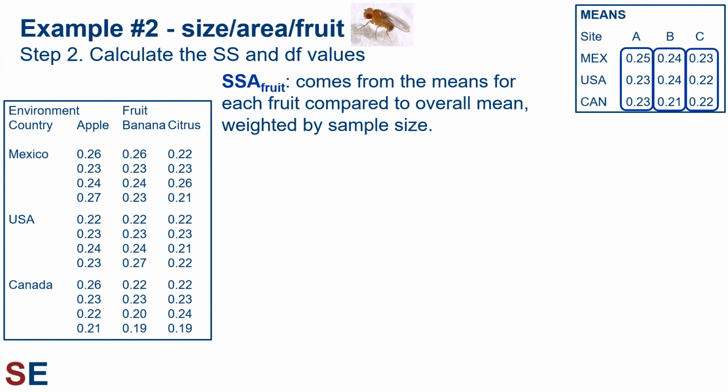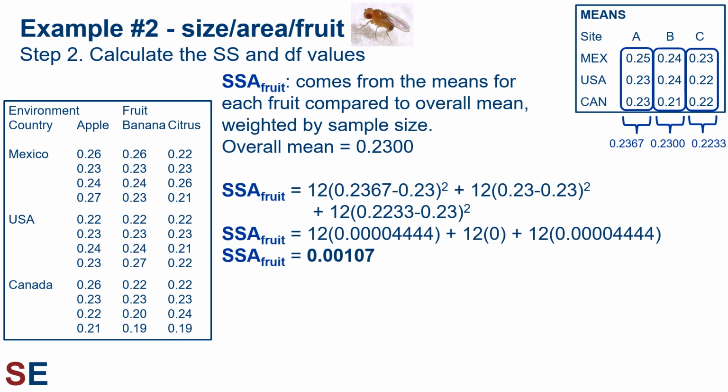The sum of squares among for the fruit factor comes from the means of each fruit compared to the overall mean, weighted by the sample size. From before, the overall mean is 0.23. The means for the columns that represent the overall data for each fruit factor are 0.2367, 0.23, and 0.2233.